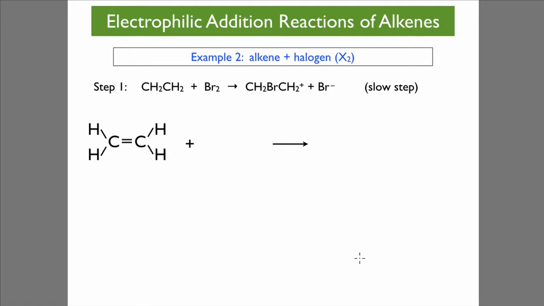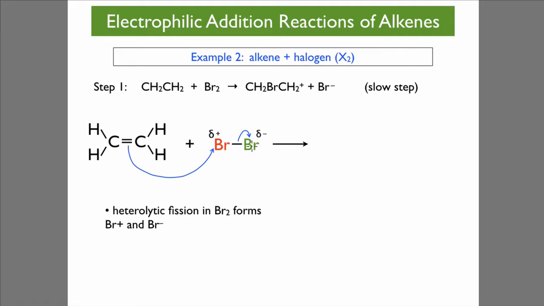The first step, if we're going to do it more slowly, we've got this bromine molecule, and the dipoles form because the pi bond of the double bond pushes the electrons from this bromine over here, giving the negative dipole and positive dipole.